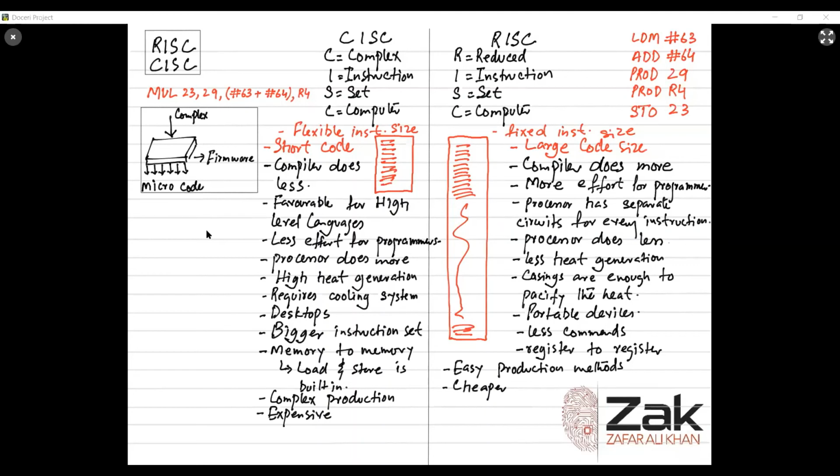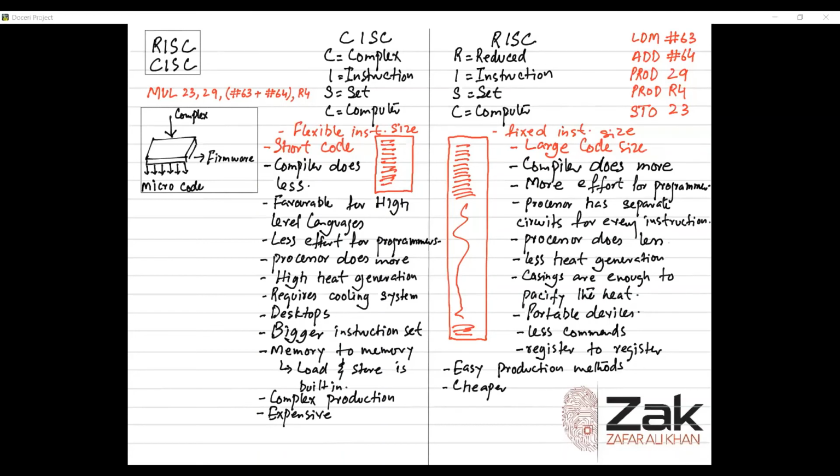Now this is another indication. So all those devices which have coolers in them, which have fans in them to cool down, those are made up of what? CISC. But you can see that these handheld devices like your iPads and tabs and cell phones do not have a fan in them. So it means that these devices are more RISC oriented than CISC oriented.